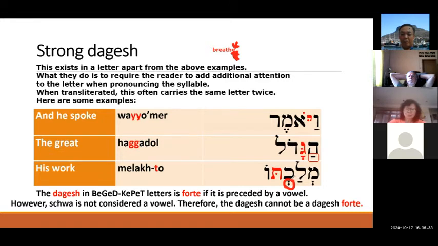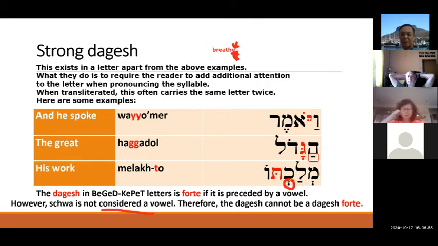It means that you pronounce it, but very, very fast. Melakhto, very fast. It's just like here, brief, brief. You don't say bri-ef; you say brief. So this is not really considered as a vowel.